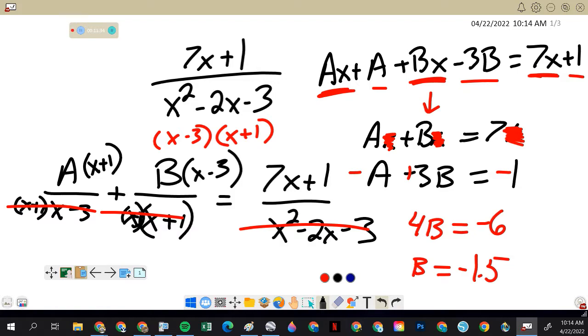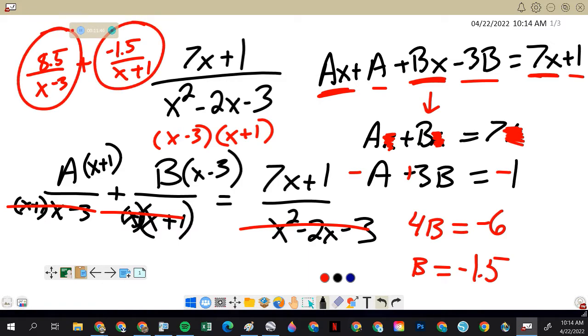So going back over here, 8.5 over x minus 3 plus -1.5 over x plus 1. Those are the 2 fractions that were used to create that fraction. Oh, it's +6. Thank you.